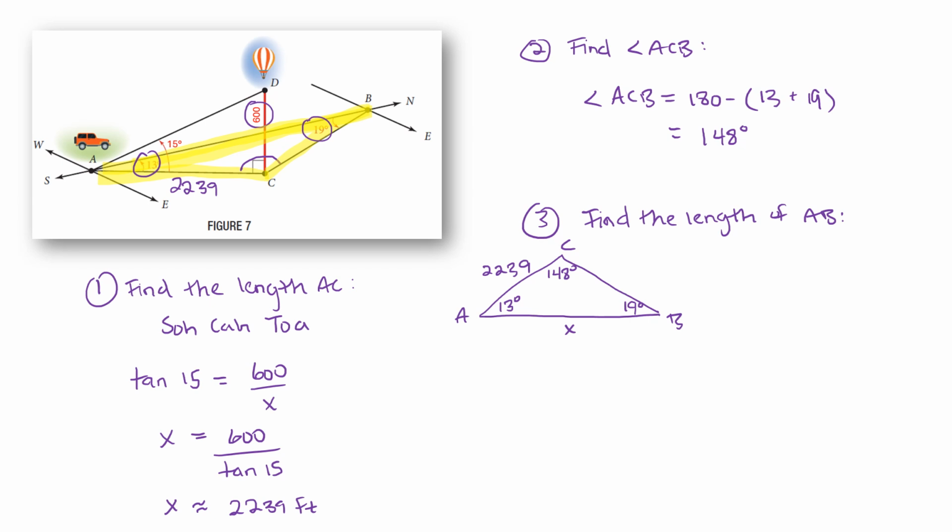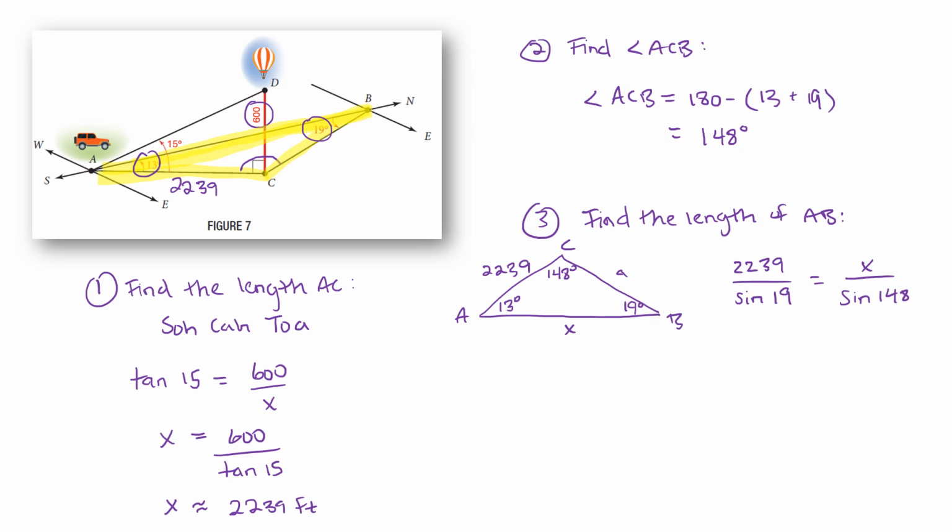Since we don't have side a, we're going to use the ratios for B and C to help us find x. Side b, 2,239, divided by the sine of the angle B, which is 19, equals side c, which is x, divided by the sine of the angle C, which is 148.